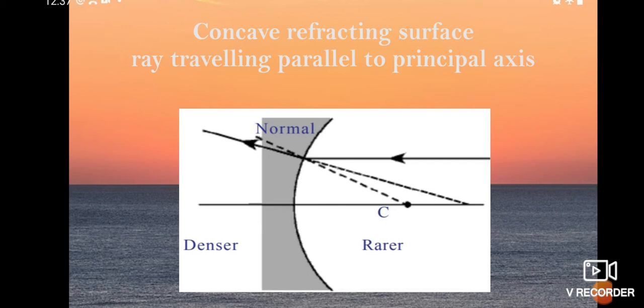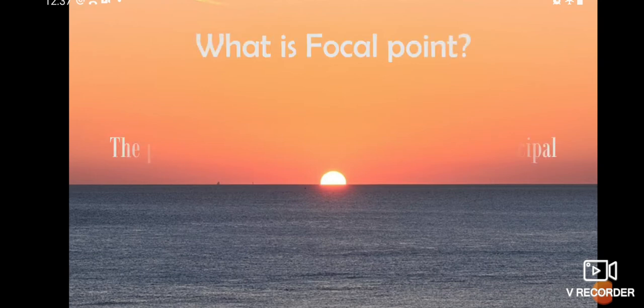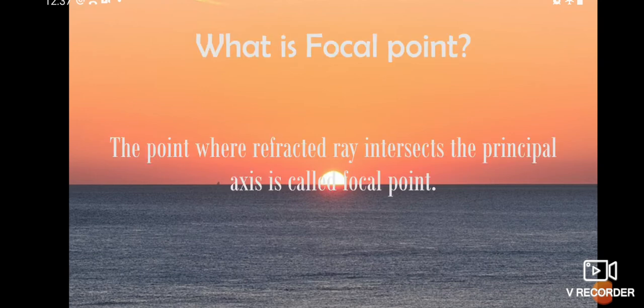That point is called the focal point. So what is the focal point? The point where the refracted ray intersects the principal axis is called the focal point.